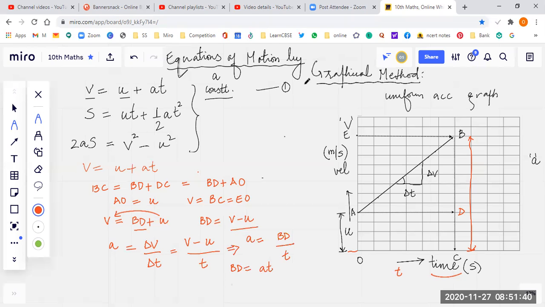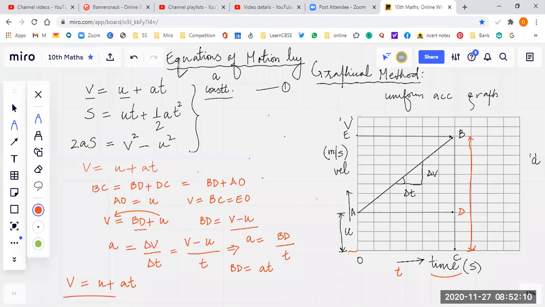Students, am I right or wrong? Right, very good. So I can tell you from here what V will be. V is equal to BD plus U, and BD is AT. So V is equal to U plus AT.